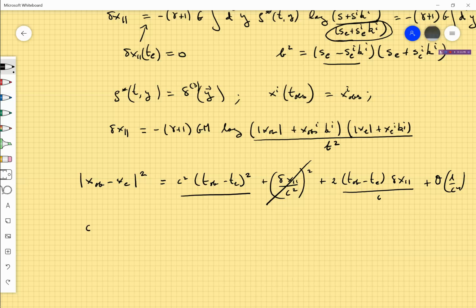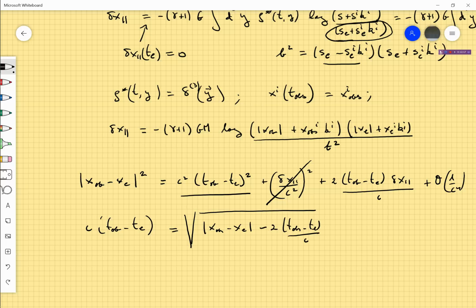So we take c squared (t observation minus te), we take the square root of this term, and in the right hand side we have the square root of x observation minus x e, minus 2 (t observation minus te) divided by c, and this delta x parallel, plus terms of order 1 over c4.